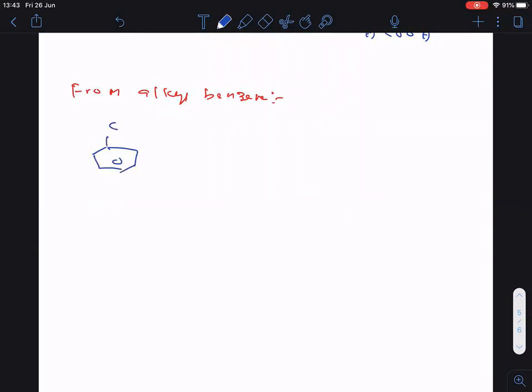For example, let me take methyl benzene, also called toluene. When toluene undergoes oxidation with a strong oxidizing agent like KMnO4, the product formed is benzoic acid.